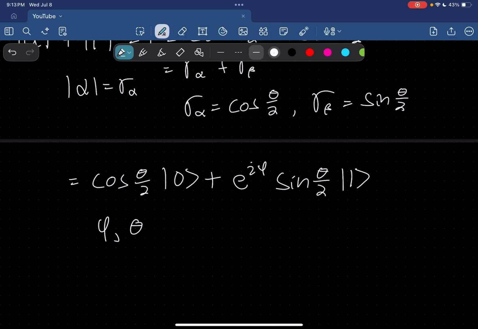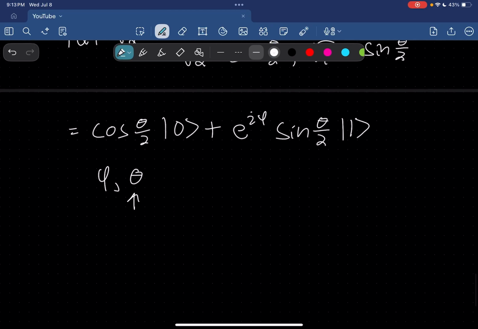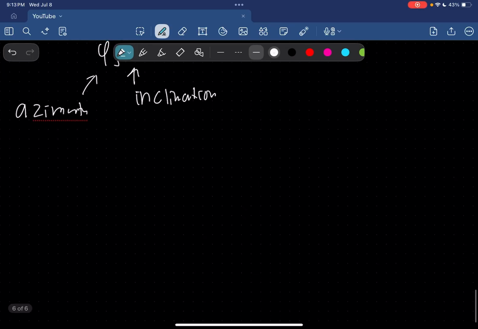And so theta is going to be the inclination. We now have this in spherical coordinates, right? So theta is going to be our inclination, and phi is going to be the azimuth. So let me draw this Bloch sphere here. Let me do my best.